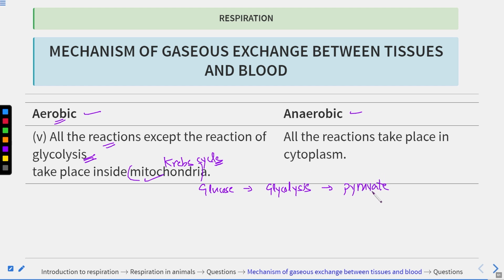Now this pyruvate takes part in the Krebs cycle. It is first converted into acetyl coenzyme A, and then acetyl coenzyme A enters the mitochondria, where the Krebs cycle is going on, and here the glucose molecule is finally converted into energy. Whereas in anaerobic respiration, all the reactions take place in the cytoplasm.